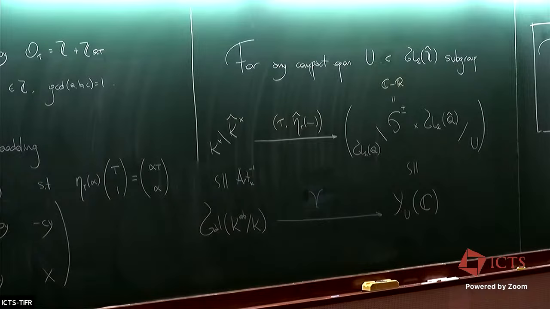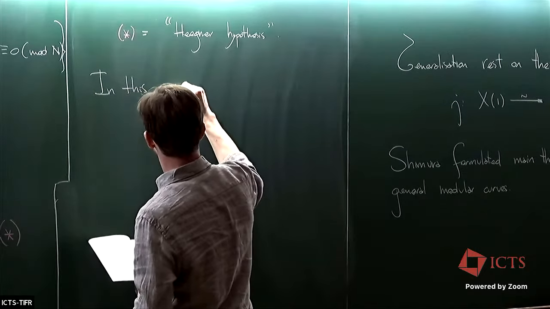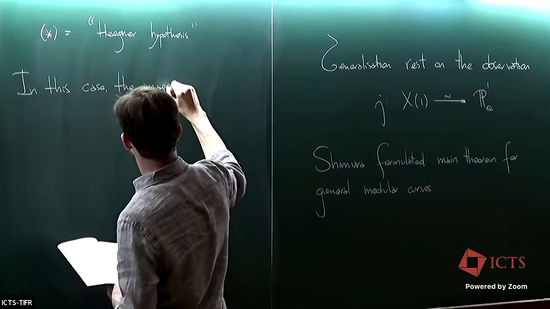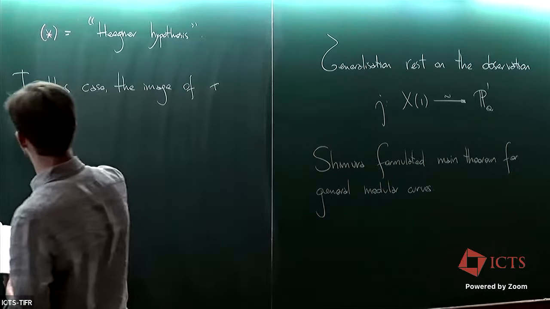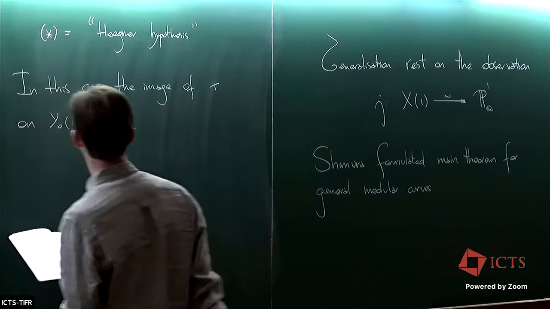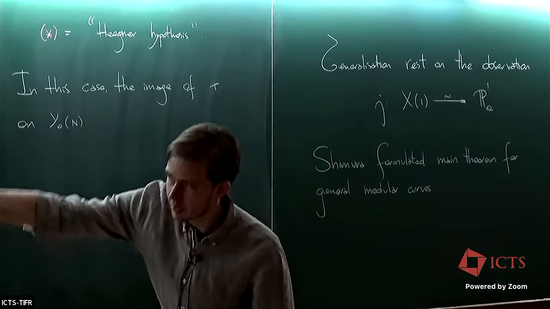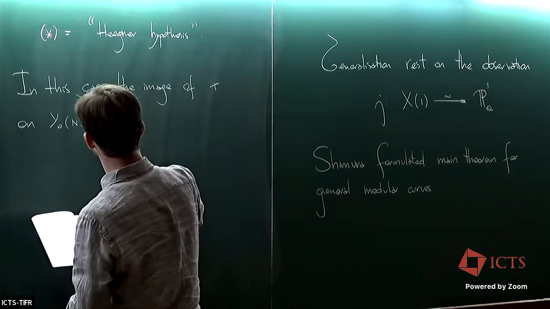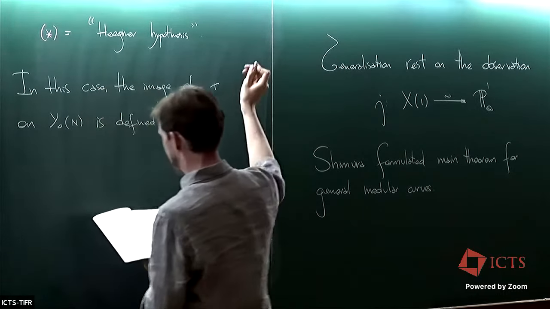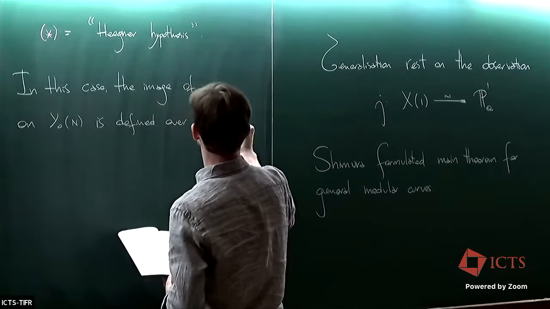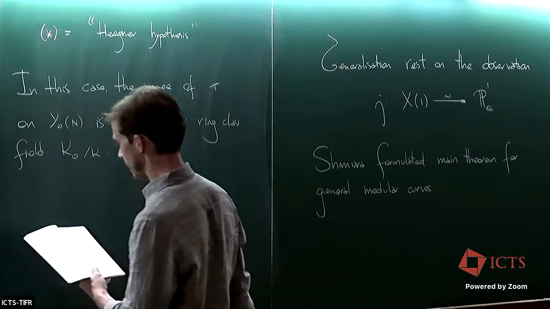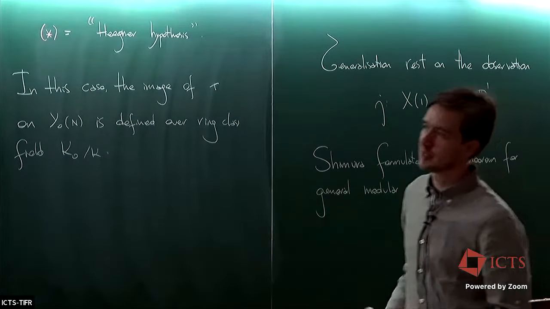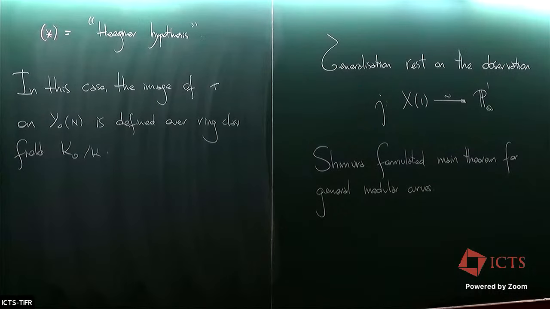Okay. All right, so that implies, in this case, the image of tau on Y0(n), in other words, the image of 1 under this map through this identification, is defined over the ring class field K_O over K. Moreover, the reciprocity, if you unpack it, will also tell you that these points are conjugate to each other under the action of the Picard group.